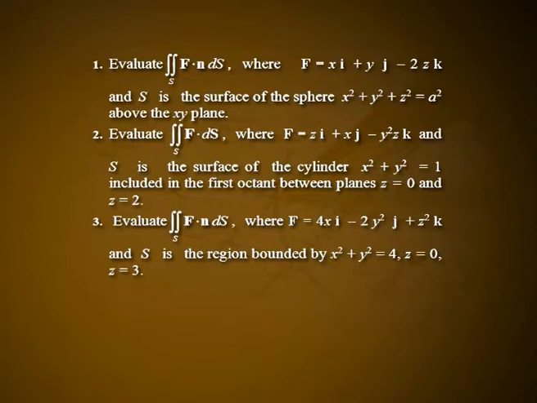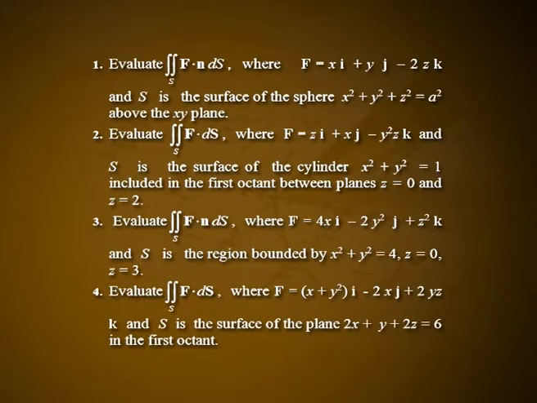Evaluate double integral over S of f dot n dS, where f = 4xi - 2y²j + z²k, and S is the region bounded by x² + y² = 4, z = 0, z = 3.